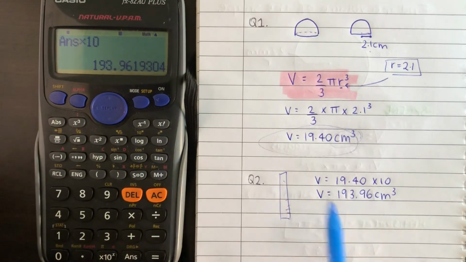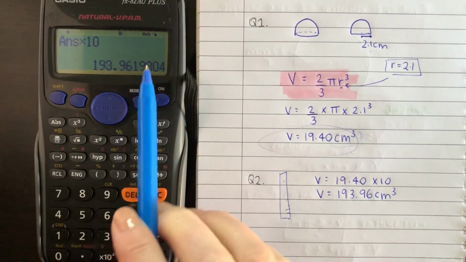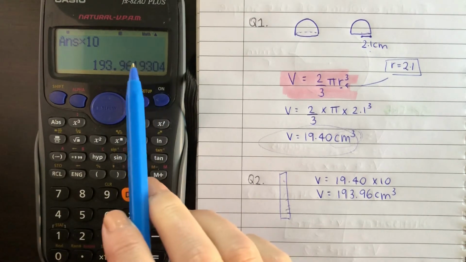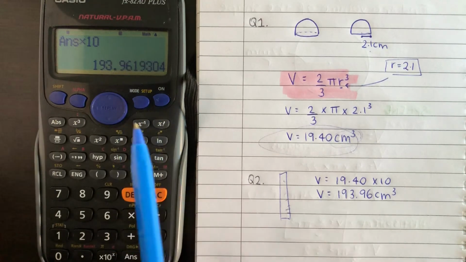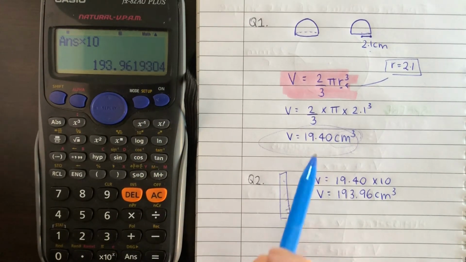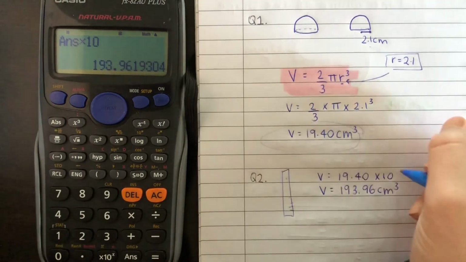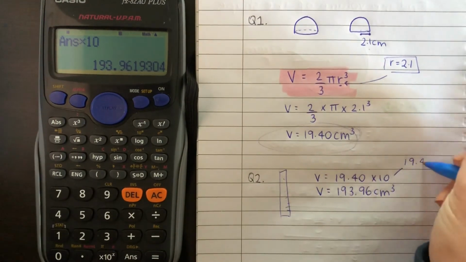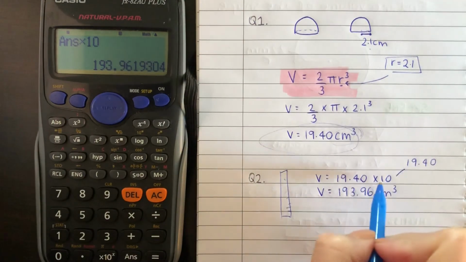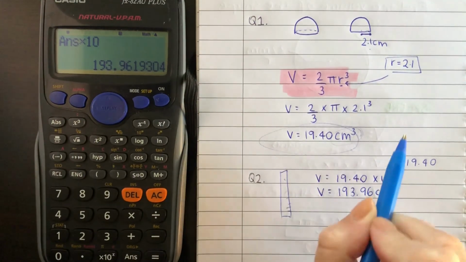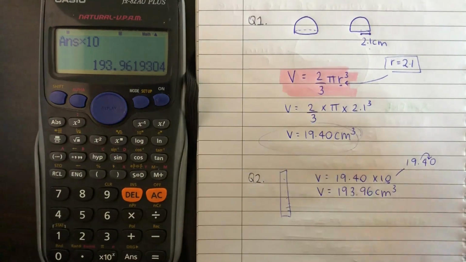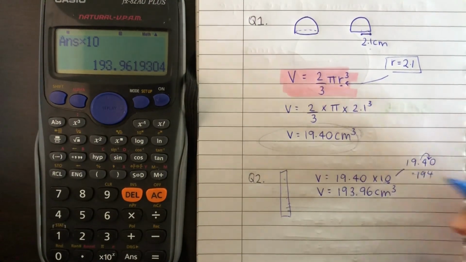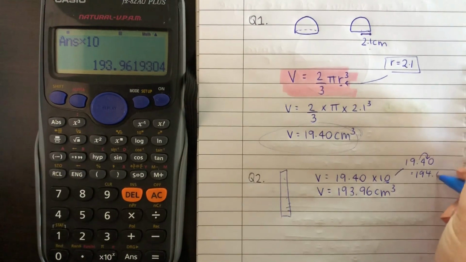See how the decimal places would have been a little bit off? When I left our answer in without rounding and I pressed times 10, I got 193.96. But if I had used 19.4 and times that by 10, that means I'm moving my decimal point one time to the right because we're timesing, and I'd get 194.0.